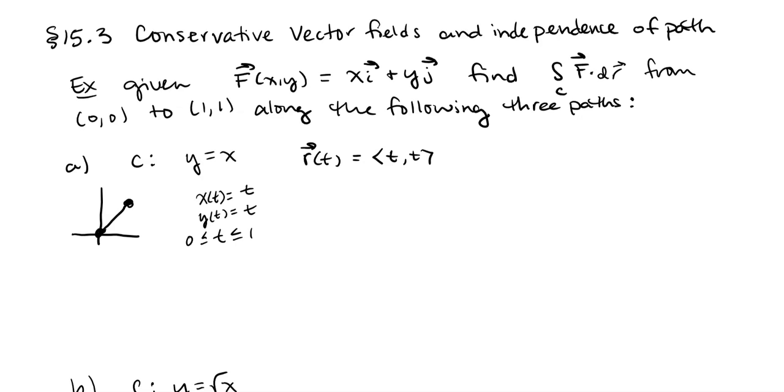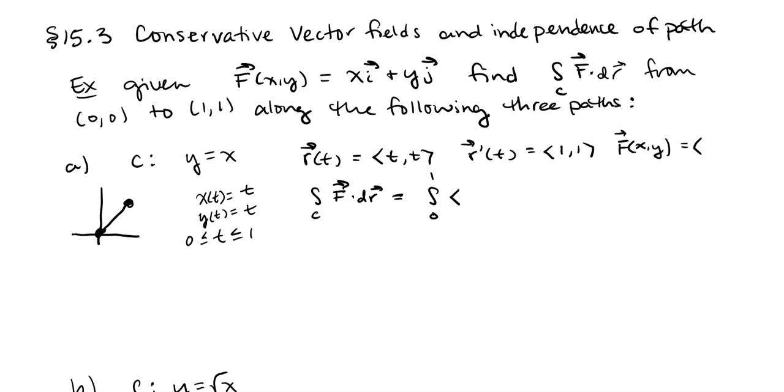To do that line integral, remember we're going to need r'(t). This would be the derivative with respect to t, which will just be (1, 1). So then my line integral over C of F dot dr is going to be the integral, t from 0 to 1, of F. F(x, y), if I put it in component form, is (x, y).